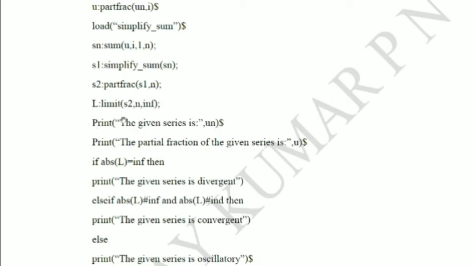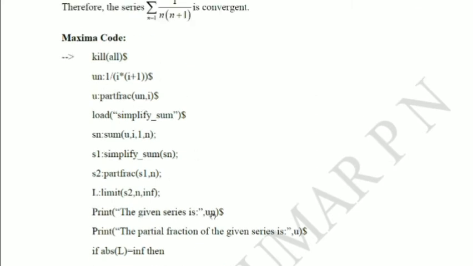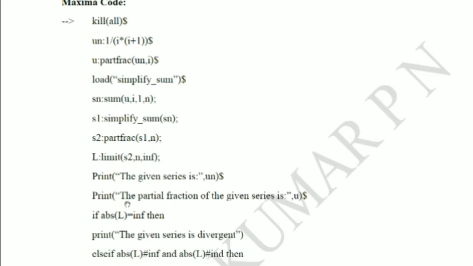Print within double quotes, the given series is, comma, your given series is un. Print, the partial fraction of the given series is, after partial fraction, your answer will be stored in u.